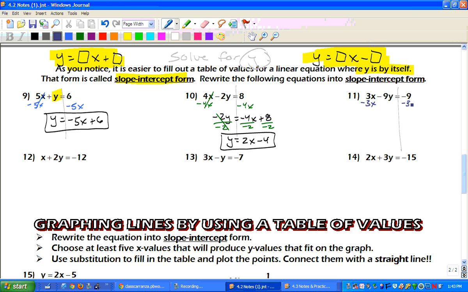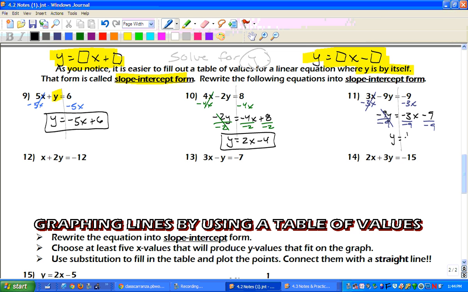Solve for y, so the first thing we have to do is move the 3x. So you get negative 9y equals negative 3x minus 9. Divide by negative 9, and you have to divide everything by negative 9. And we get y equals, ooh, did you get 0.3?